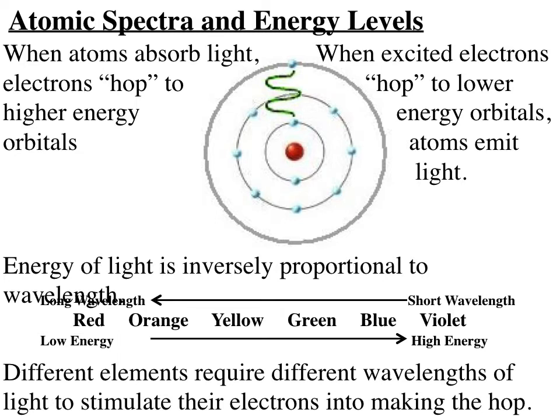So, when we have atoms at low energy and we shine the right wavelength of light on them that can interact with the electrons, it can impart energy, and those atoms can absorb that energy from the light and stimulate the electrons to higher energy positions.